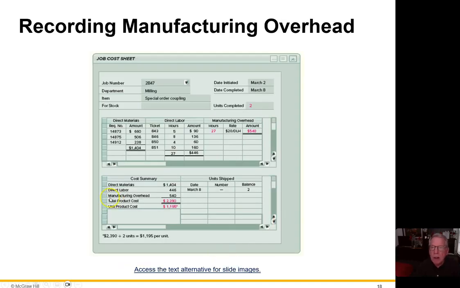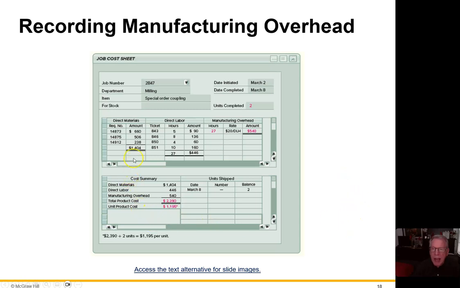So now if I look at the job cost sheet, this is just what we've done. We have 27 hours here of direct labor, and we multiply that 27 hours times the $20 per direct labor hour, and we get $540 of manufacturing overhead that we have applied to this job.